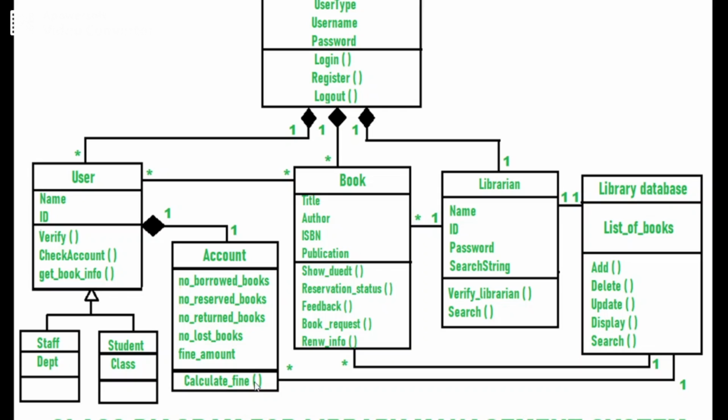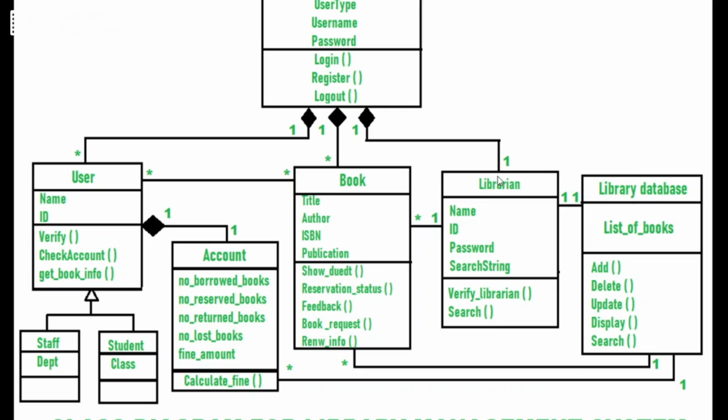Now next we have the book class. The attributes are book title, author, ISBN number. Book ISBN number is very important, then publication. Under this the operations are show due date, reservation status, feedback, book request, renew information.